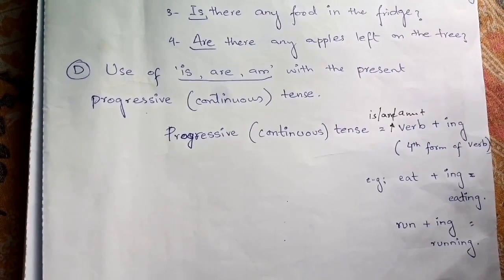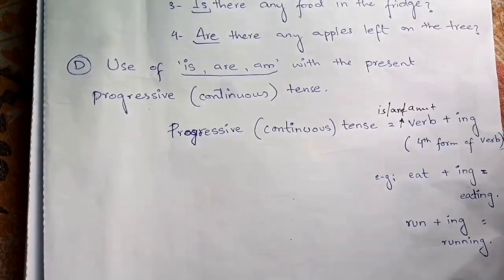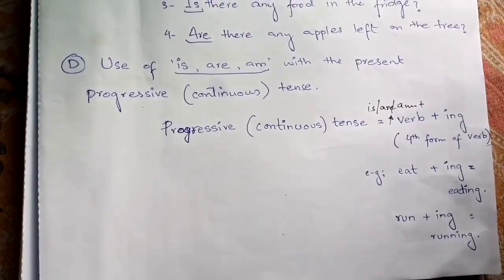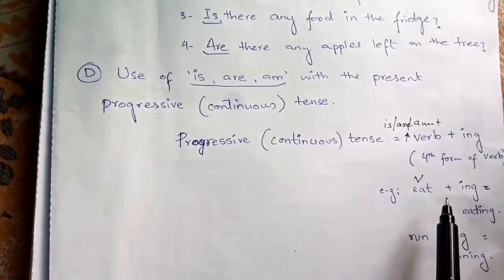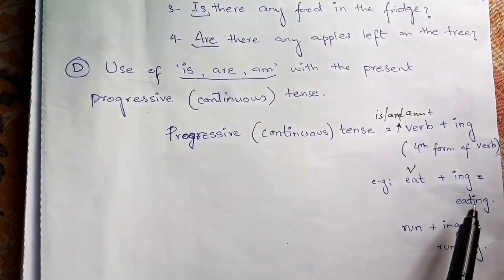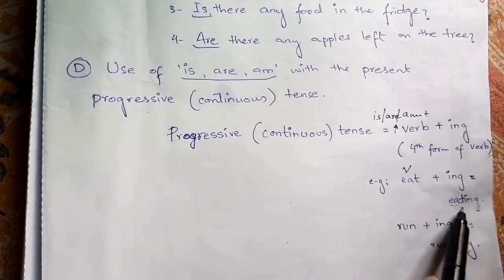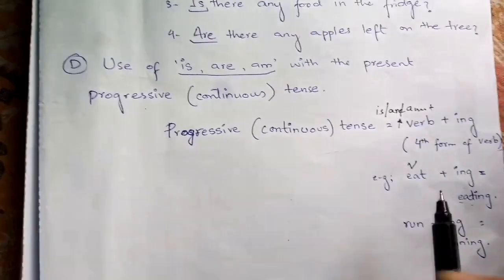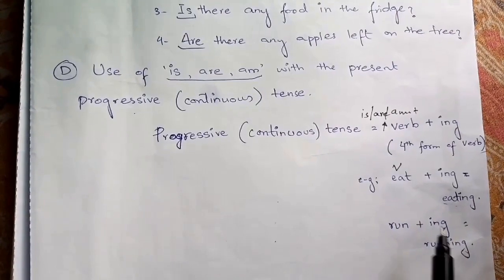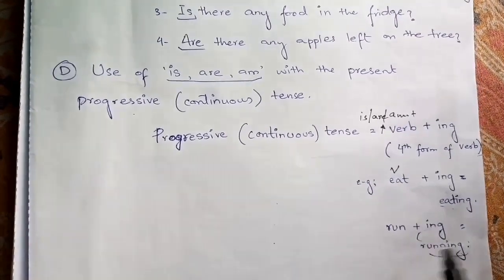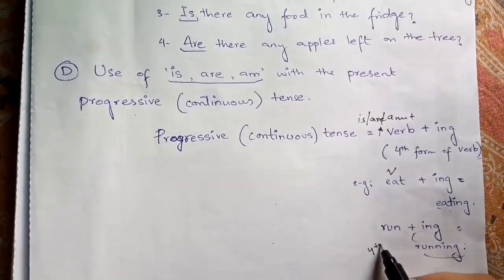A verb containing ing is called as the fourth form of verb. For instance, eat. Eat is a verb plus ing is equal to eating. This is the fourth form of verb. Run plus ing, running. This is the fourth form of verb.